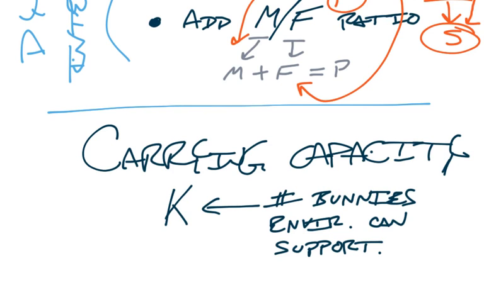All right, so I think the example I gave in that video last week was, say your bunnies need to live in the forest. Well, if the grove of woods that you're looking at is only so many acres, well, there are only physically so many bunnies that could fit within that acreage of woods. All right, so this is the kind of thing that I mean when I say a carrying capacity. And we'll refer to it by the letter K.